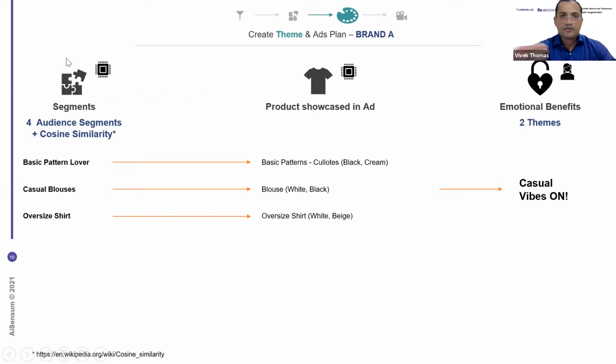I think one of the speakers was talking about heat maps and all that, but we use a technique called cosine similarity, which actually tells you which products bunch together, right? This is done by the machine. A machine does the classification, the segmentation, plus also the combining of products together.